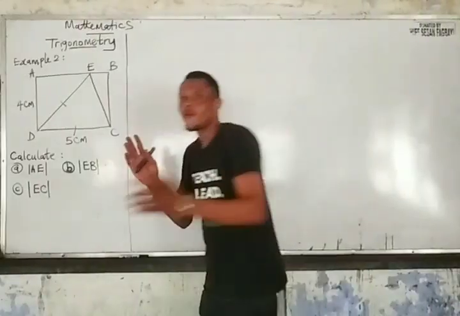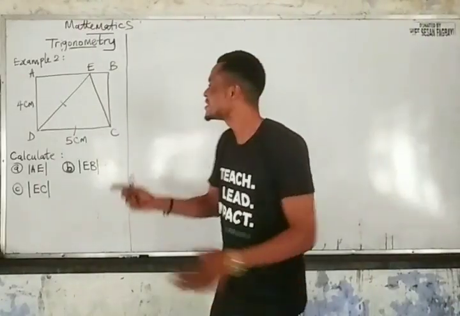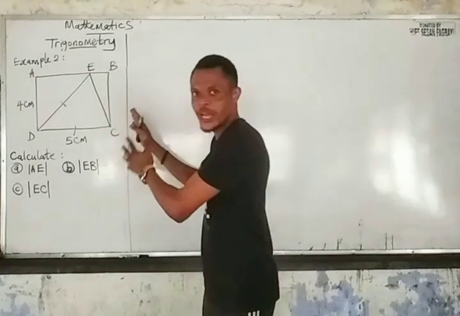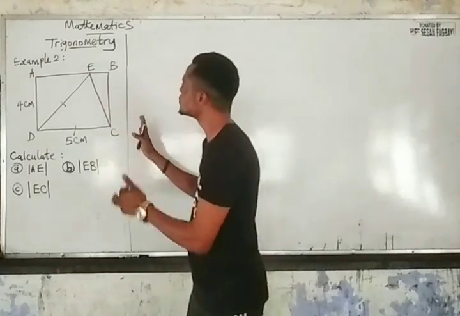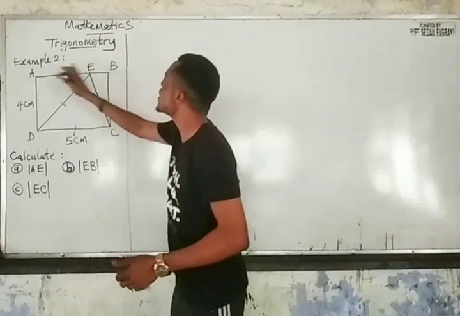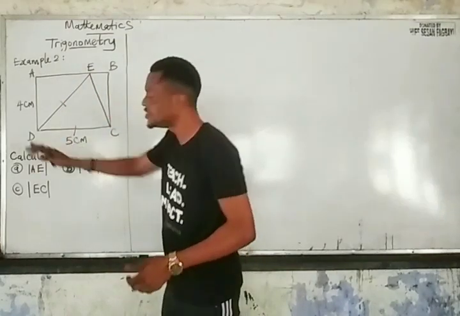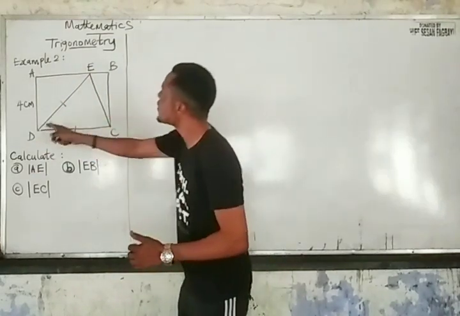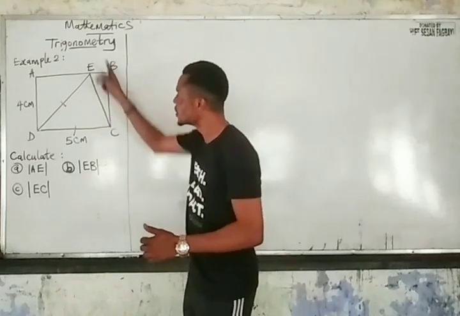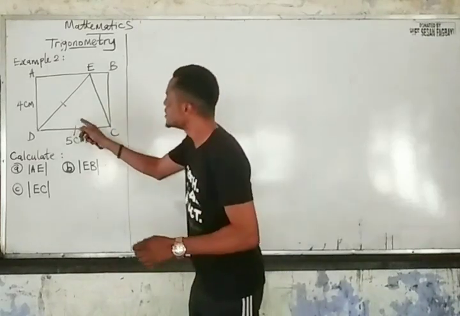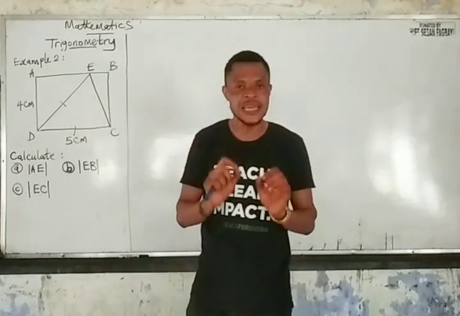Easy. Wow. I'm loving this. We have this amazing shape here, a rectangle, where we have the sides to be A, B, C, and D. Inside of it, we have a triangle, stating that this side and this side are equal.